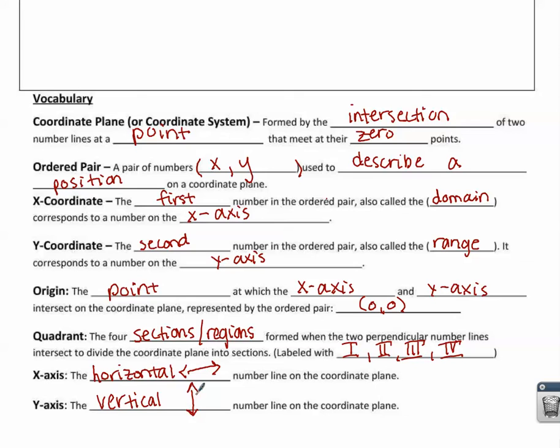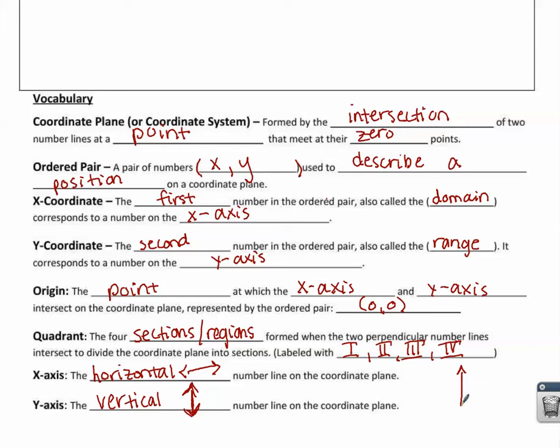One way to remember the difference: if you're in class and you have a question, why do you do this problem this way, you raise your hand up in the air. So the y-axis is going to go up or down.